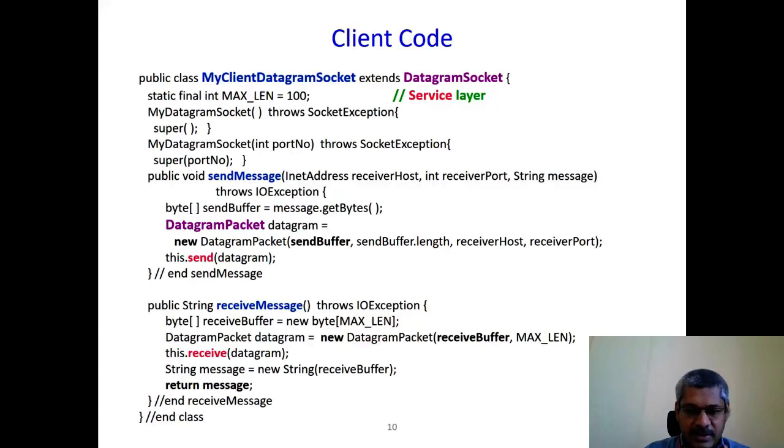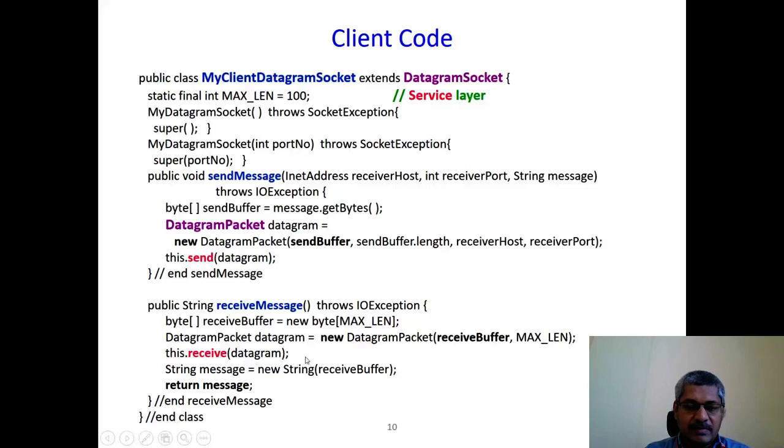And similarly, you can receive the message. You need to create the byte array, and then you receive this buffer into the byte array when you call receive on the datagram socket. On the particular socket you are calling receive, which, as we have seen, is a blocking receive, and here you get the datagram packet.